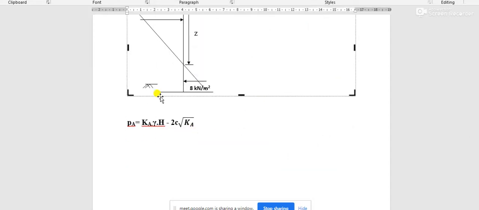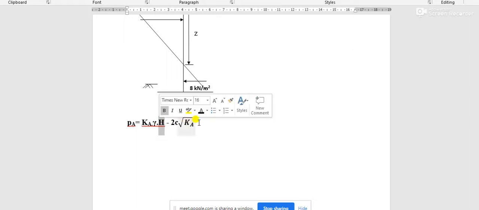then at depth of z, the value of PA equals to 0.